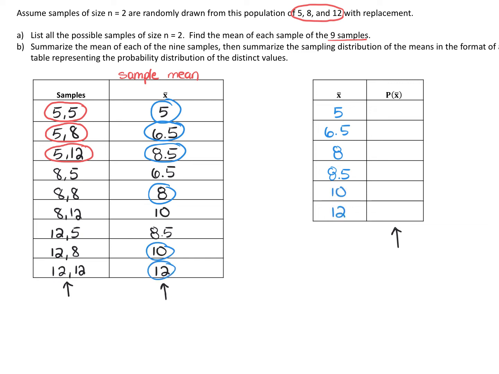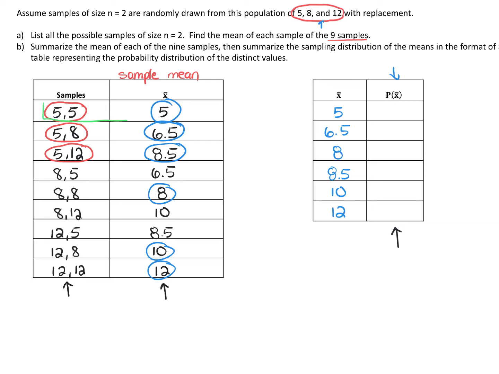Okay? And so now when we take a look at the probability distribution, which is this column, P of X bar, the probability distribution represents the probability, the chance, or the likelihood that I pick two numbers from that bowl of three numbers and I get a sample mean of 5. Well, there's only one way of getting a sample mean of 5.